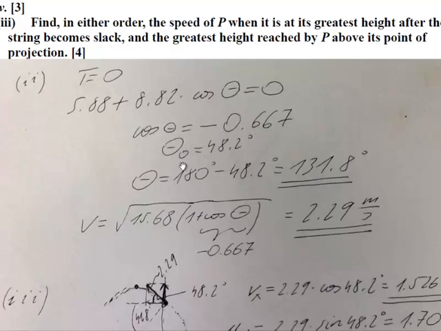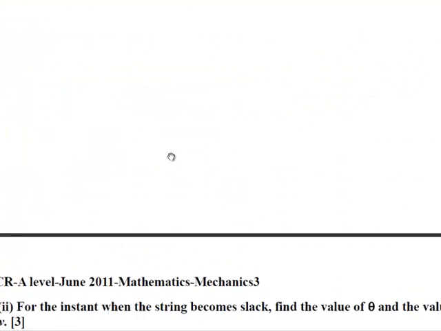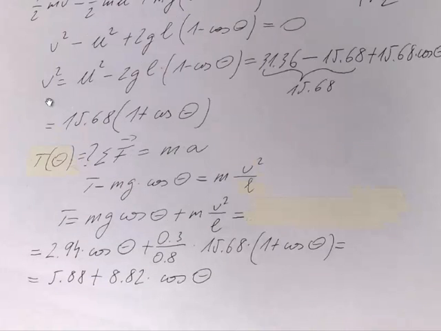there we can get the angle 180 minus theta null. It's 131.8 degrees. We can use our previous equation for v squared, so we substitute theta here.